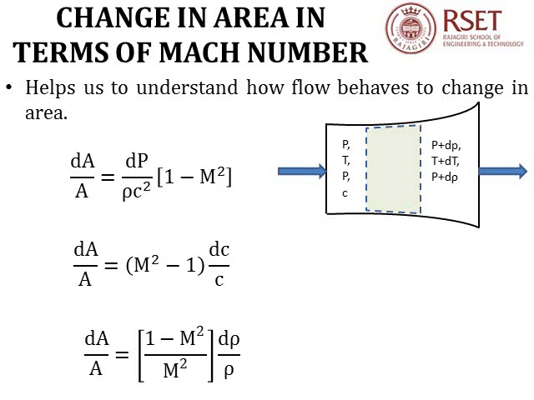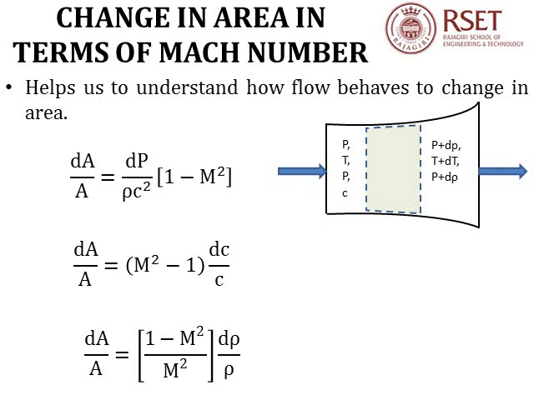In the second equation, we see that the change in area is expressed in terms of Mach number as well as change in fluid velocity. The third equation expresses change in area in terms of Mach number as well as the change in fluid density.